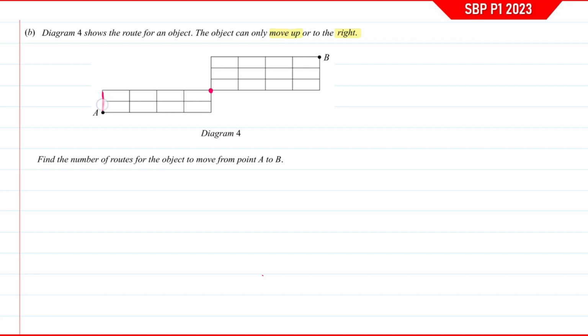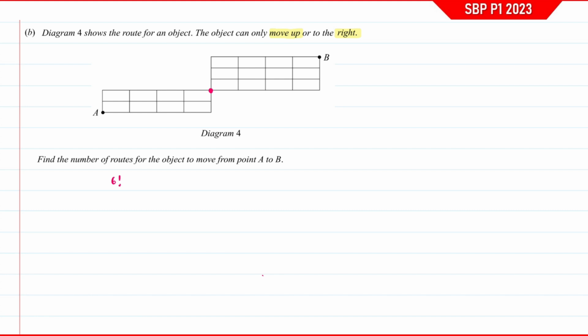For example, like this, 6 places, or even like this, it's also a total of 6 places. Therefore, the total number of routes from point A until this point will be 6 factorial.